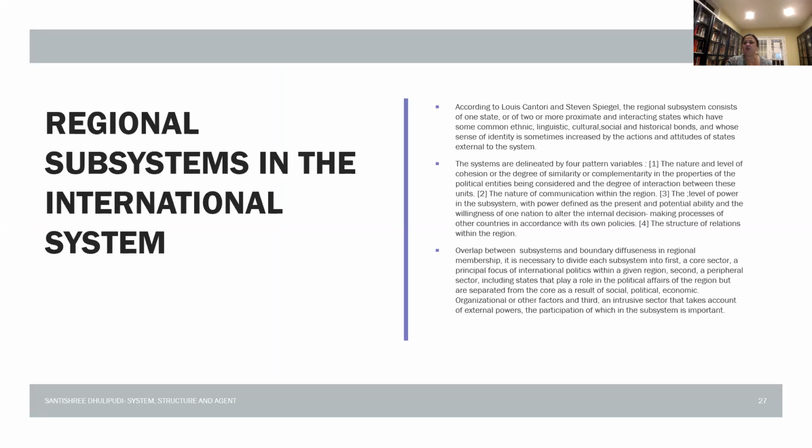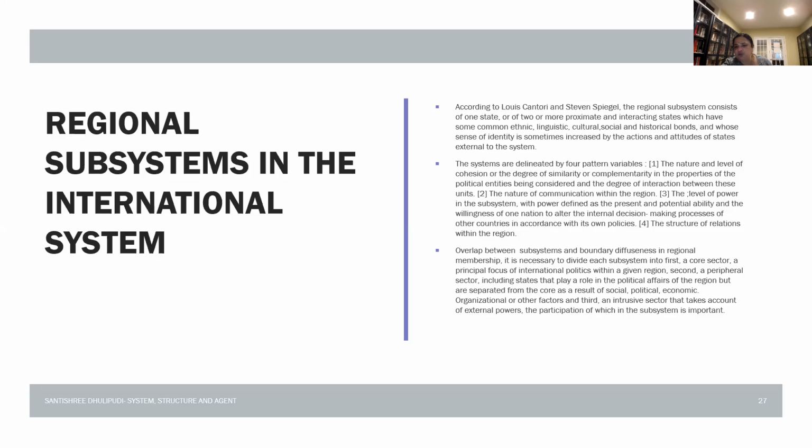Two, the nature of communication within the region. Three, the level of power in the subsystem, with power defined as the present or potential ability and willingness of one nation to alter the internal decision-making process of other countries in accordance with its own policies. And four, the structure of relations within the region.